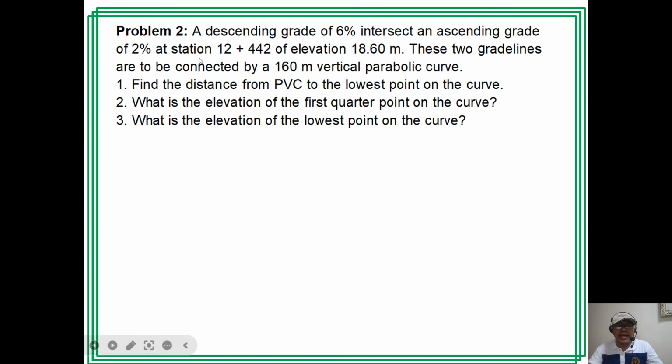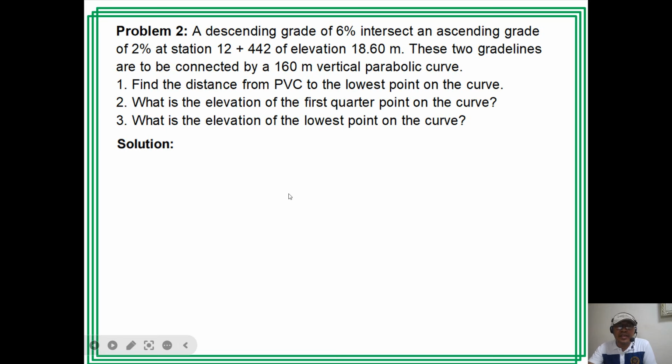These two grade lines are to be connected by a 160 meter vertical parabolic curve. Find the distance from PVC to the lowest point on the curve. Then number 2, what is the elevation of the first quarter point on the curve? And number 3, what is the elevation of the lowest point on the curve?